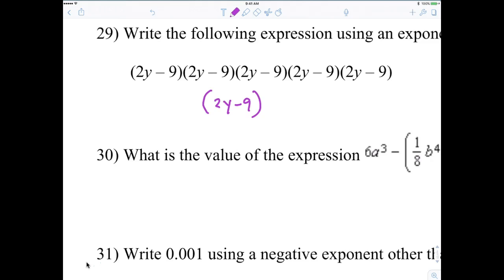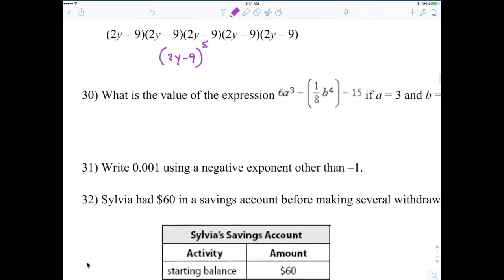It's 5. That's what the exponent would be. Yes. 2y minus 9 to the 5th. That makes sense now? This would be 7y to the 5th. No, I think you're making a mistake. I think you're thinking of something else, to be honest. We're not writing in scientific notation. All right? I'm not going for scientific notation, but like what idea?